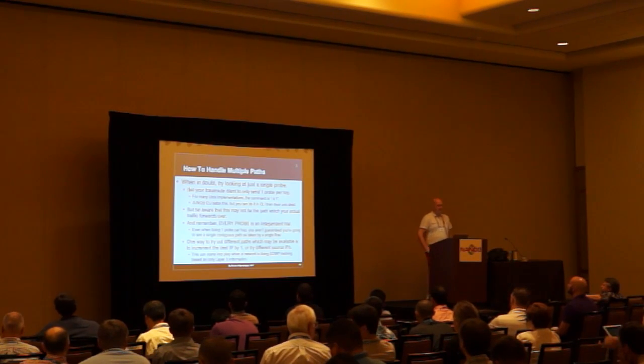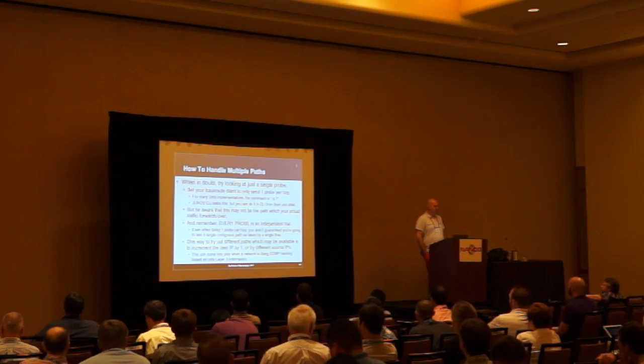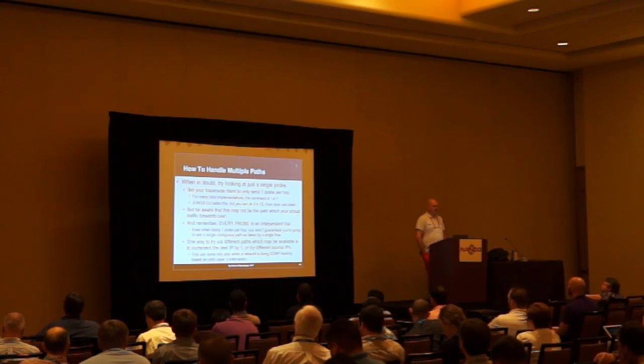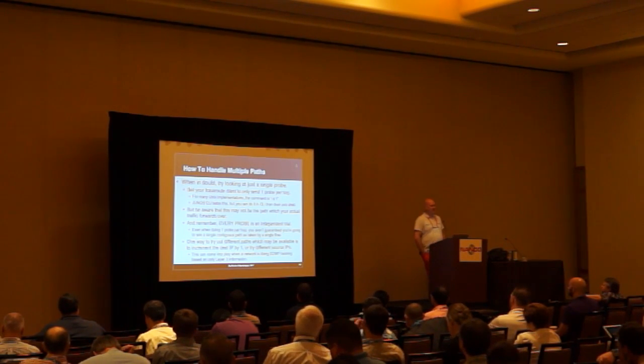When in doubt, if you want to take it down to something slightly less confusing, just configure your traceroute to only do a single probe. So for example, in the Unix traceroutes, the command is -Q1. For whatever reason in the Juniper CLI, you can do this from the shell. So if you drop to the shell and do a traceroute manually, it'll work, but it's not actually in the CLI. So minor annoyance.